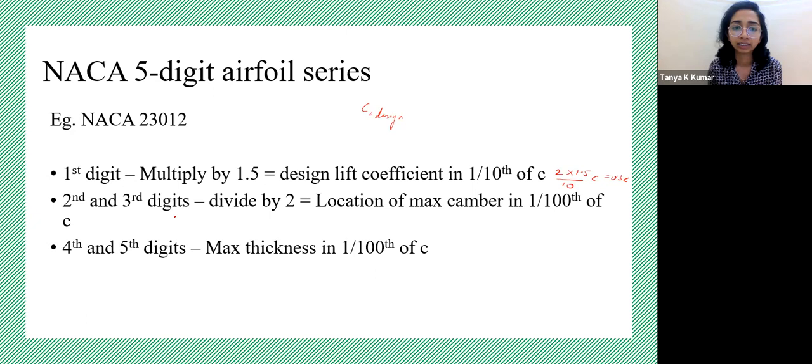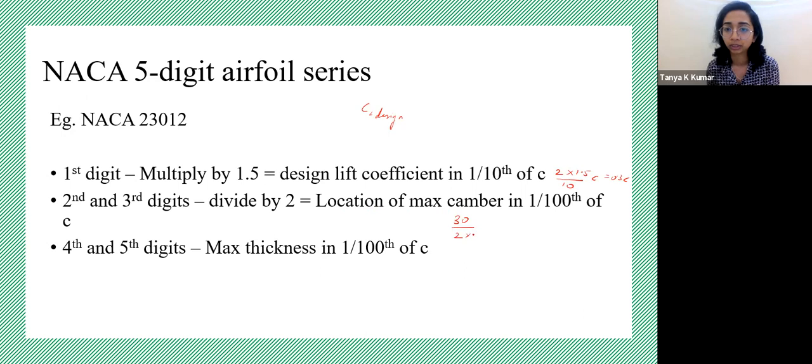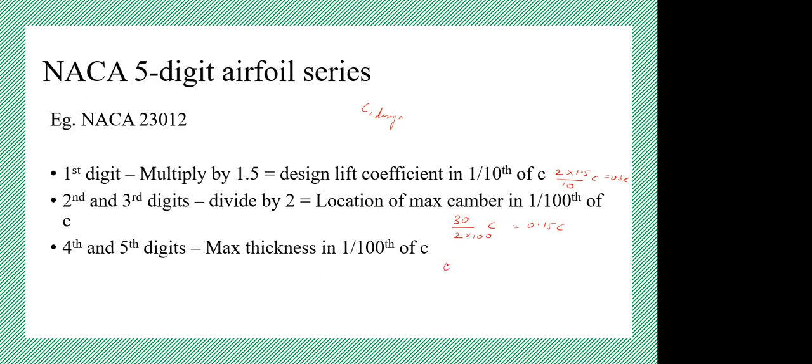Then the second and third digits, when divided by 2, give you the location of maximum camber in 1/100th of C. Here, what will it be? 0.15. Exactly. So 30 by 2 into 100 C, it will be 0.15 C. And the fourth and fifth digits, like the previous case, give you the maximum thickness. 0.12. Exactly. 0.12.